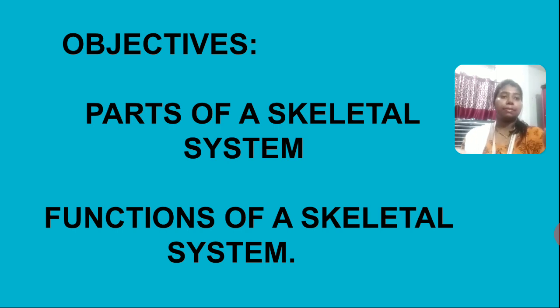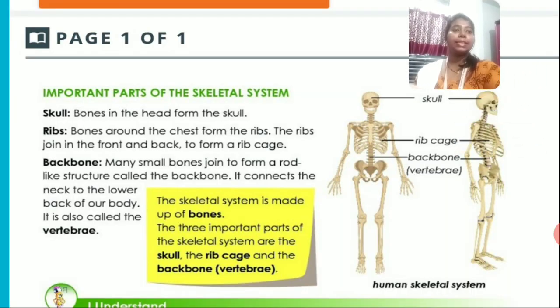In the last class we read that there are three important parts of the skeletal system. First one is your skull, that means the bones that are present in the head, which form the skull.